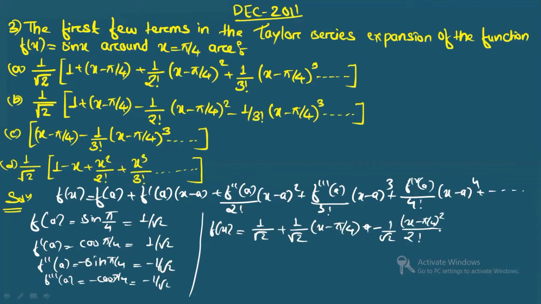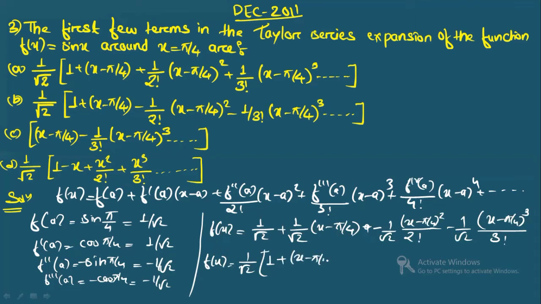Again f triple prime will give you minus 1 by root 2 in the numerator, x minus pi by 4 whole cube by factorial 3. So if I write f(x) equals, and I take 1 by root 2 common, you will have 1 plus x minus pi by 4, minus x minus pi by 4 whole square by factorial 2.